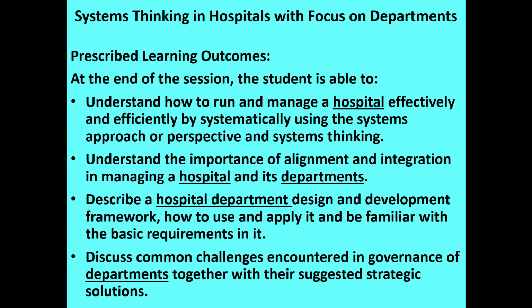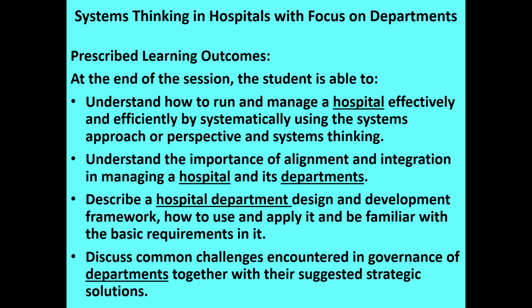I would like to end my lecture by flashing again the topics that I have covered. So these are again the learning outcomes. Understand how to run and manage a hospital effectively and efficiently by systematically using the system approach or perspective or systems thinking. Understand the importance of alignment and integration in managing a hospital and its departments.